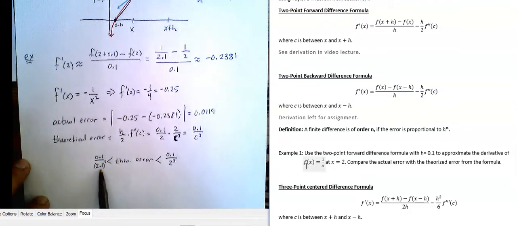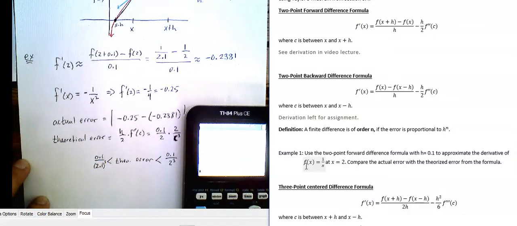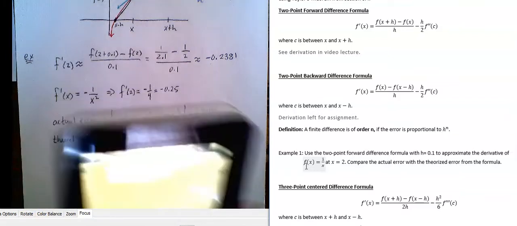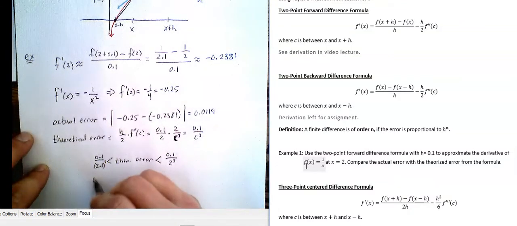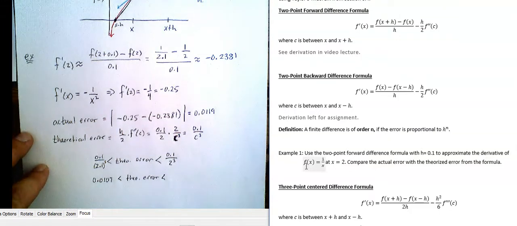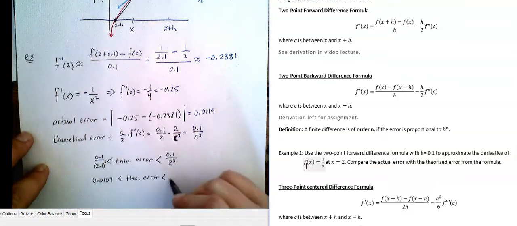Okay? So if we calculate that, do that in your calculator. Let's see what we get. So we have 0.1 divided by 2.1 to the third. Let's see that. Anyway, you'll have to believe me. So 0.0107 is less than theoretical error, which is less than 0.0125.